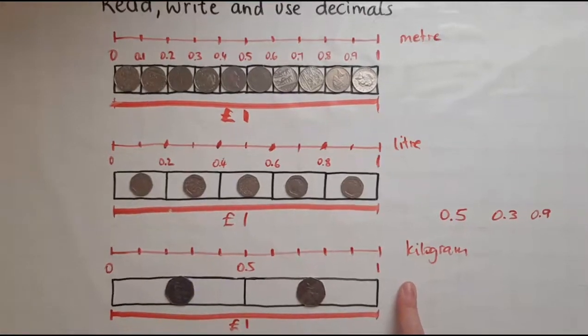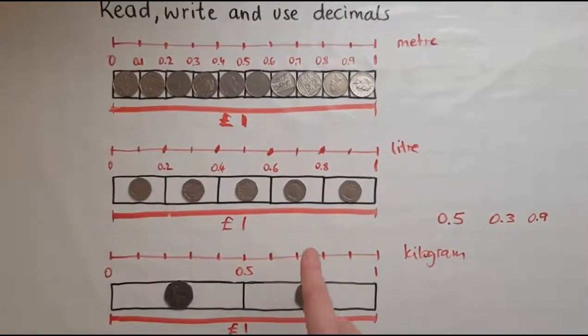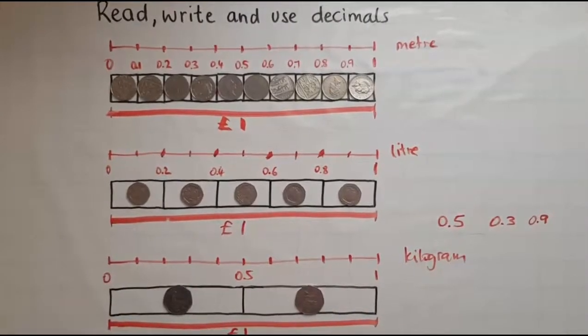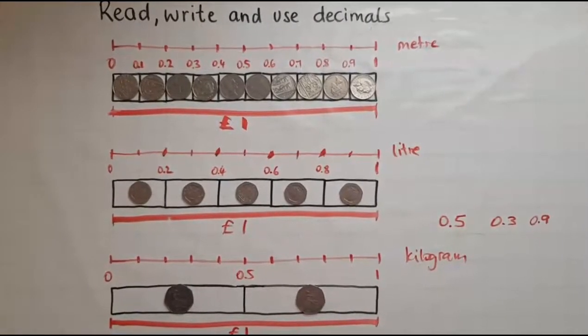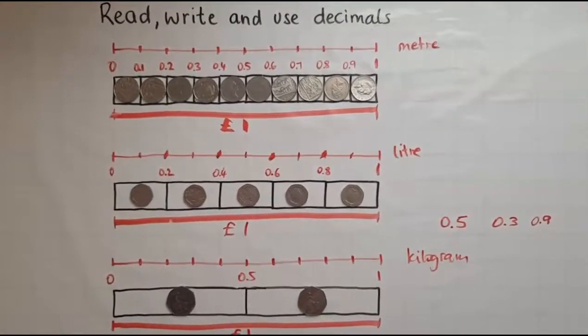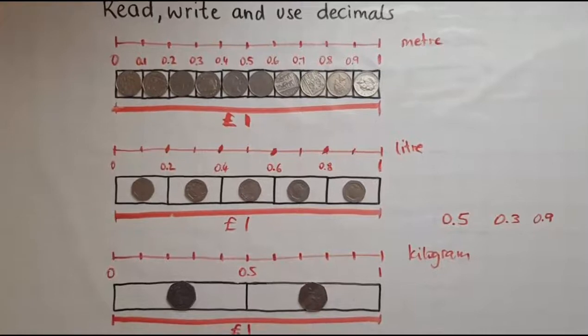So that is no different. In all these, 1 part of the 10 was 0.1. So I hope this helps understand how to read, write and use decimals.